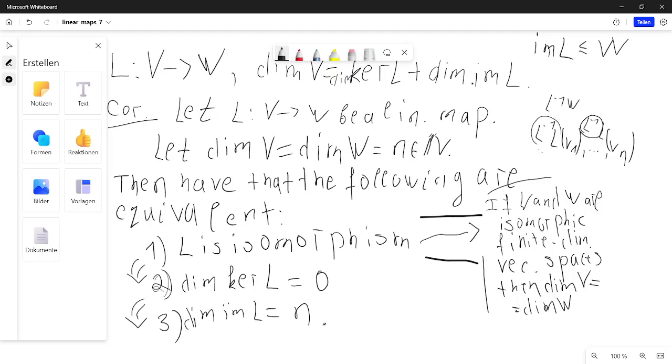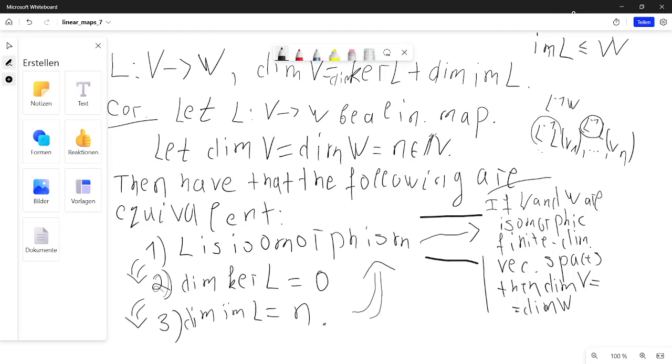And back there, well, if this has dimension equal to n, then we use the same argument here, right?